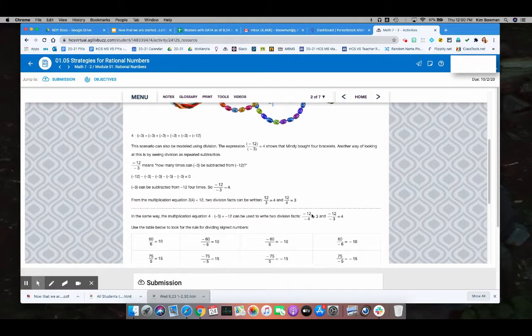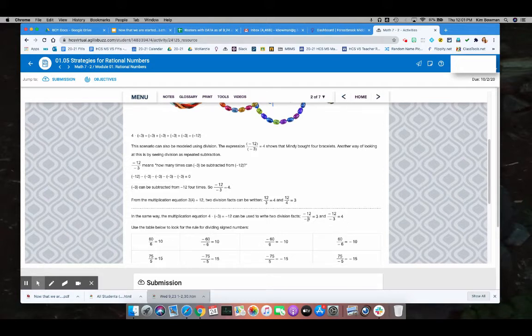You could write 12 divided by -4, I don't know why you do that because -4 never came into the picture, but anyway, that would equal +3. And you could also do -12 divided by -3 and find out that you had 4 bracelets.